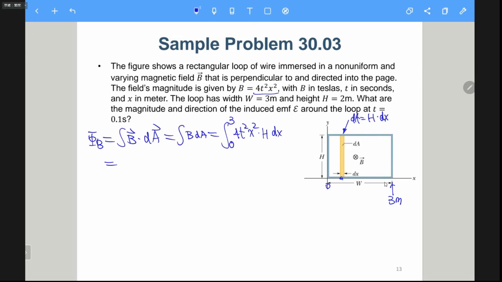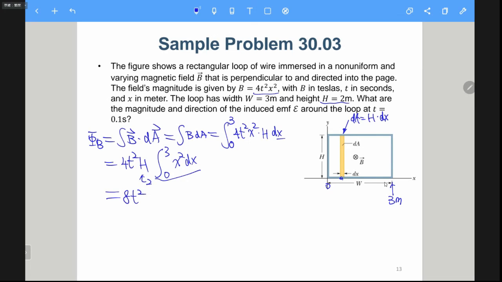So we have 4t squared H. All these terms are constant with respect to x, so we have the integration from 0 to 3 of x squared dx. And of course, H is 2 meters here, so it is actually 8t squared.